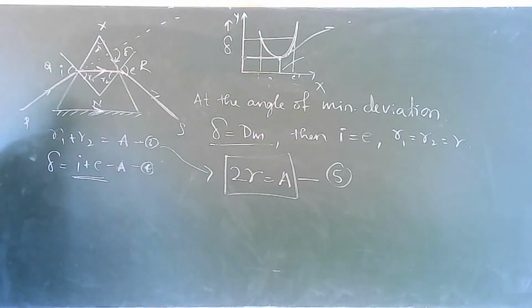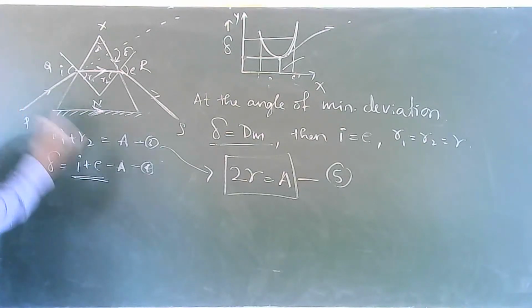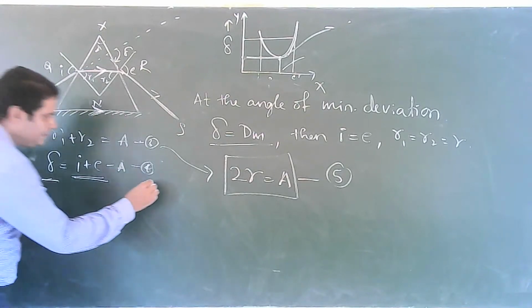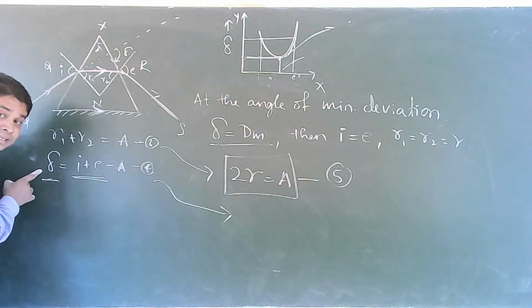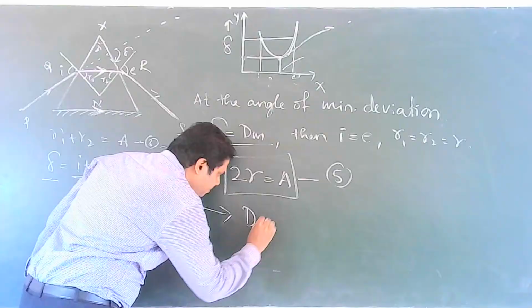Here, instead of E, let me replace this E by one more I. Look carefully at this equation. Let me replace this delta by dm.